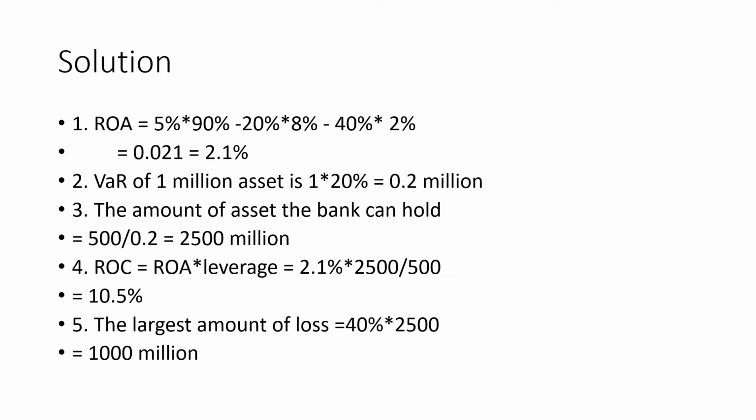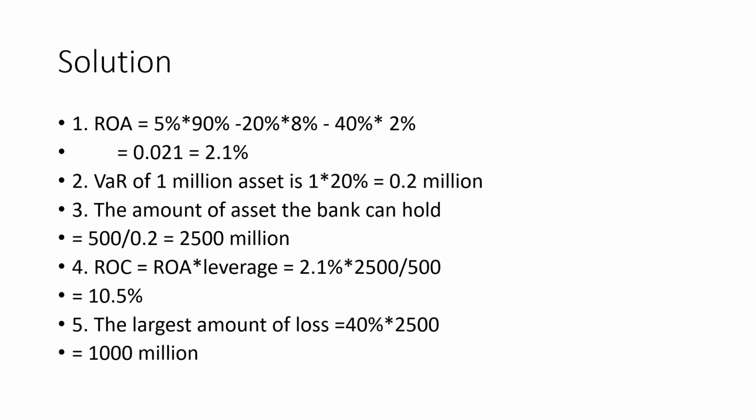Solution 1. Return on asset is equal to 5% times 90% probability minus 20% times 8% probability minus 40% times 2% probability. The result is 2.1%. This is typical of return on asset for banking assets. 2.